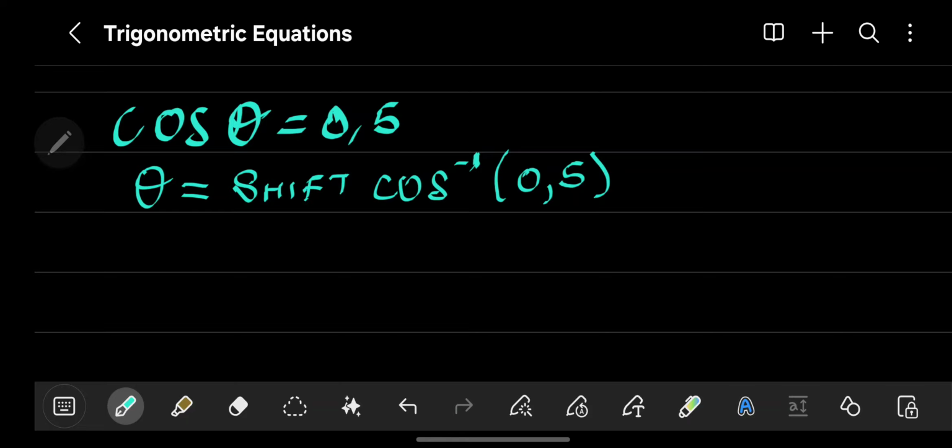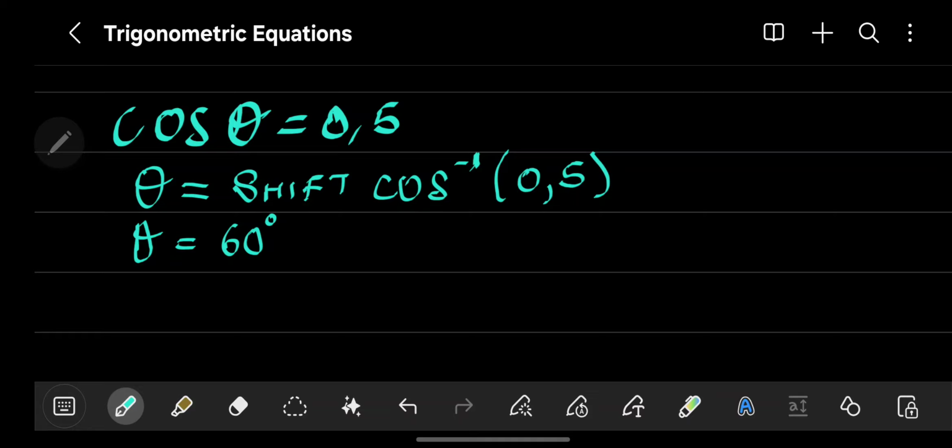Then you will get the answer, which is the solution for this particular problem. So you'll say theta equals, then you put your answer there. Remember that your angles are in which units? Degrees, right? So whatever you get here, you put a degree on it. I think you are going to get 60 degrees.